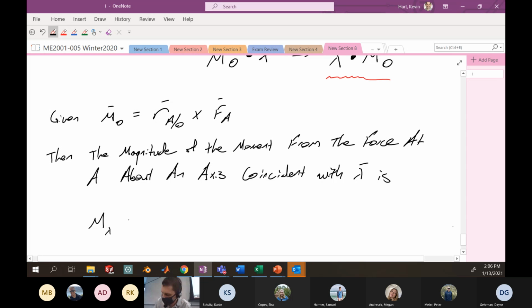This is a scalar value, equal to lambda dotted with the moment that we calculated as the position vector arriving at A from O crossed with the force at A. Okay, and so here we are.